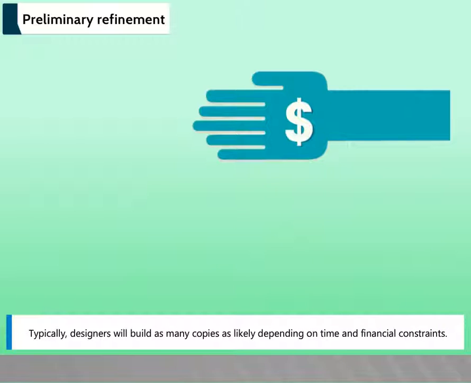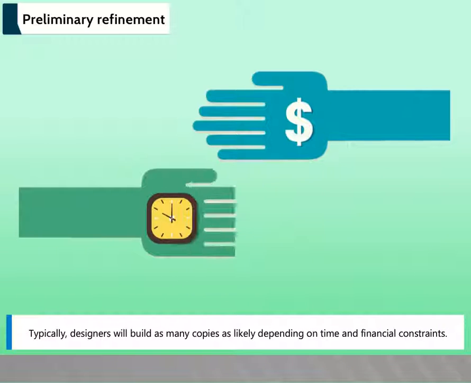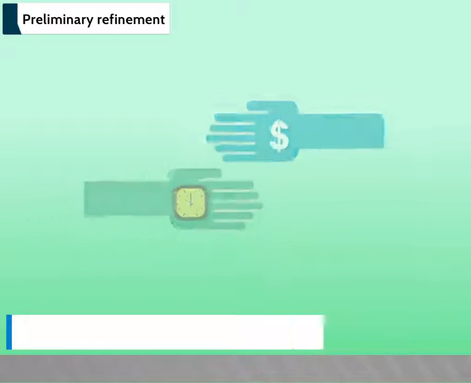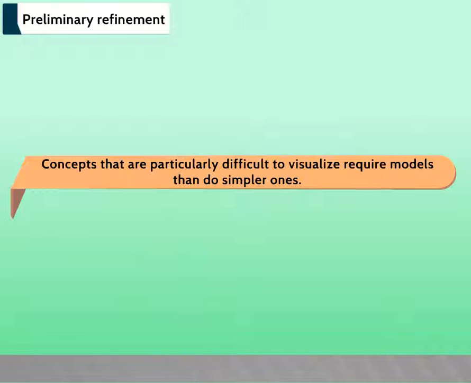Typically, designers will build as many copies as likely depending on time and financial constraints. Concepts that are particularly difficult to visualize require more models than do simpler ones.